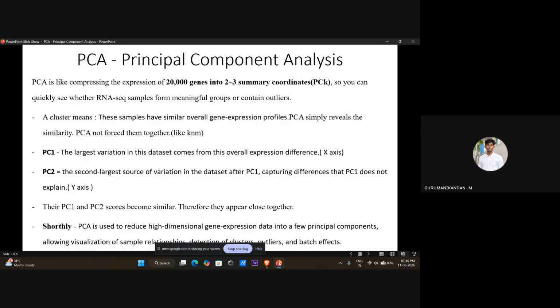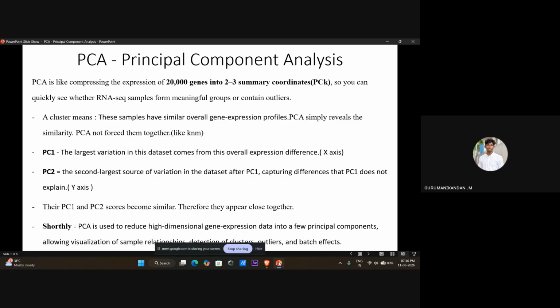In RNA sequencing, it typically measures thousands of genes at a time, and it makes visualization difficult. So the PCA technique is used here as a dimensional reduction technique, and it summarizes the variations into a smaller number of principal components, which are PC1 and PC2.